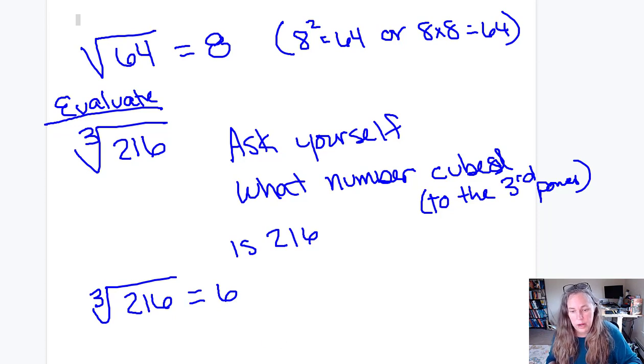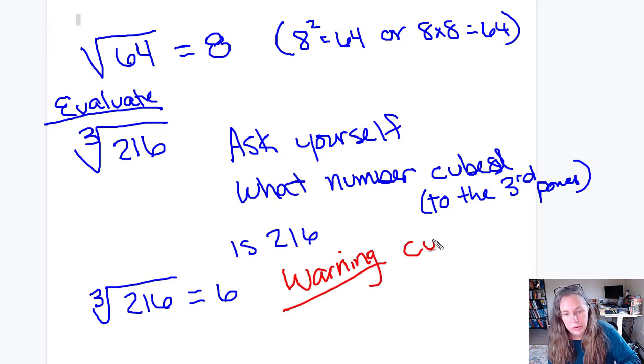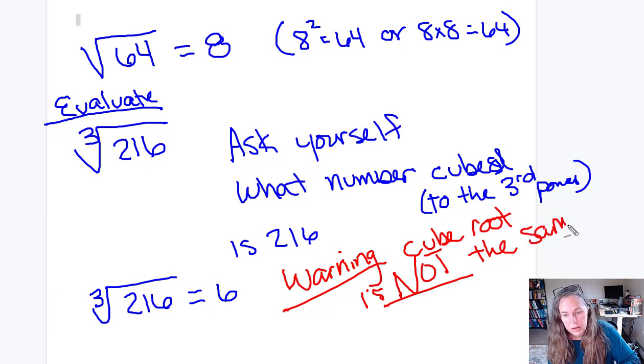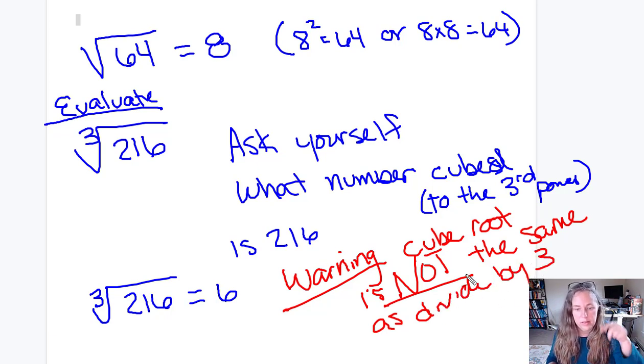So here's your warning. Just like the square root warning was don't divide by 2, the cube root warning: cube root is not the same as divide by 3. You're going to be really tempted to do that. When you divide, I'm going to erase this.